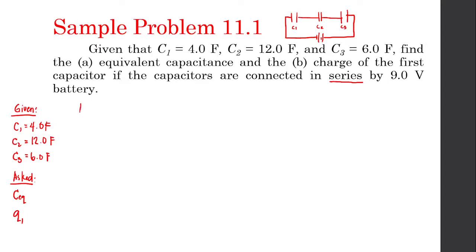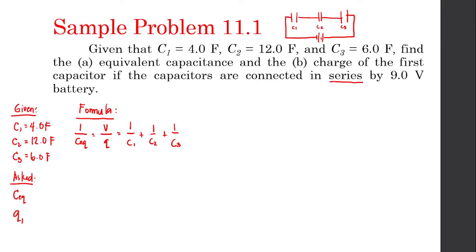So in order for me to solve this, I would have to understand that the formula for equivalent capacitance is 1 over C_eq, which is V over Q, is equal to 1 over C1 plus 1 over C2 plus 1 over C3. Okay, and this is depending on how many capacitances you have, 1 over Cn.